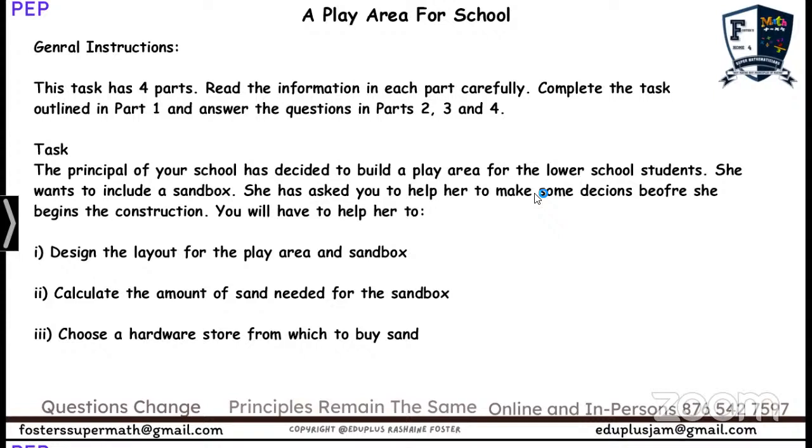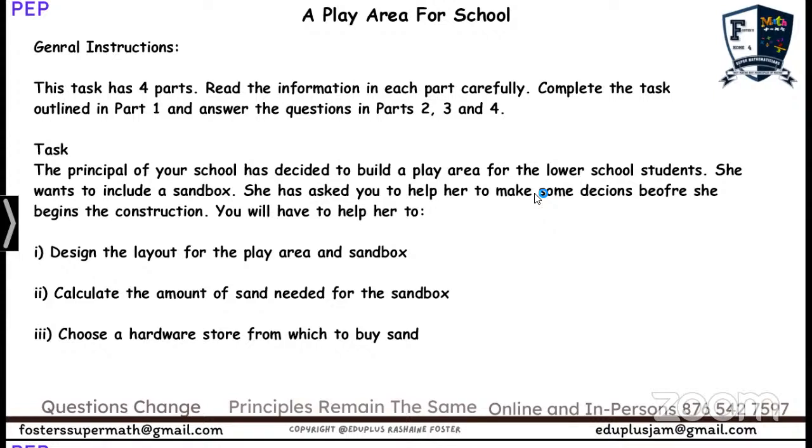All right, so those are all the things that we want to do. We want to design the layout. We want to calculate the amount of sand that is needed. And then as well, we want to make sure that we choose the best store that we can buy sand from. So that's basically just an overview of exactly what the performance task is.